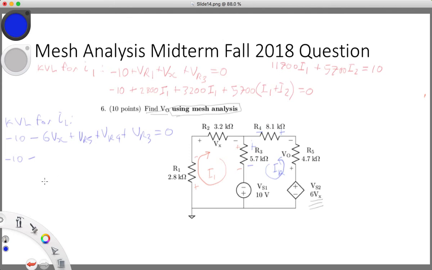Vx is 3200 I1. So that's 6 times 3200 I1. VR5, which is also Vout, is plus 4700 I2 plus 8100 I2, which is VR4, plus 5700 times I1 plus I2, which is VR3. And all of that equals 0.